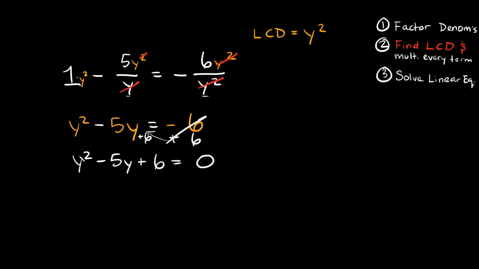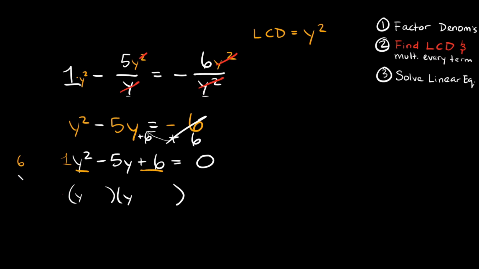Now, in order to solve this, we're going to have to factor it, because it's a quadratic. This has a leading coefficient of 1, so we can factor it by putting it in two sets of parentheses. This y squared, we can split up into y times y. To figure out the numbers that go right there, look at your last number, which is a positive 6.